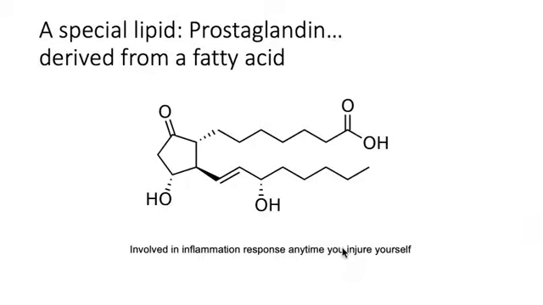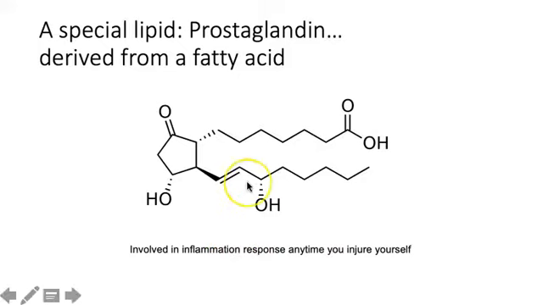Another one you'll talk a little bit about in A&P, which is a lipid-based signal molecule, is this thing called prostaglandin. Anytime you injure yourself, your body creates a whole bunch of this stuff, which causes that red inflammation that is a way for the body to recruit the repair mechanism.